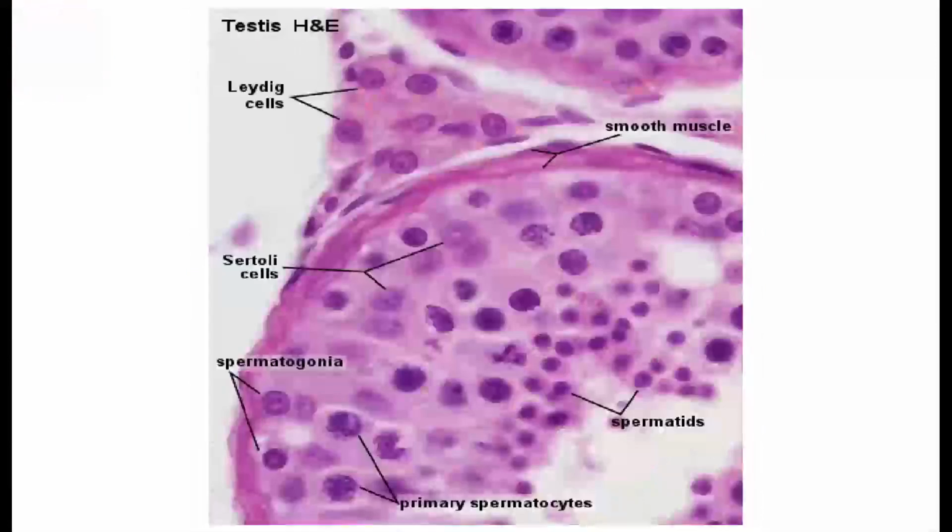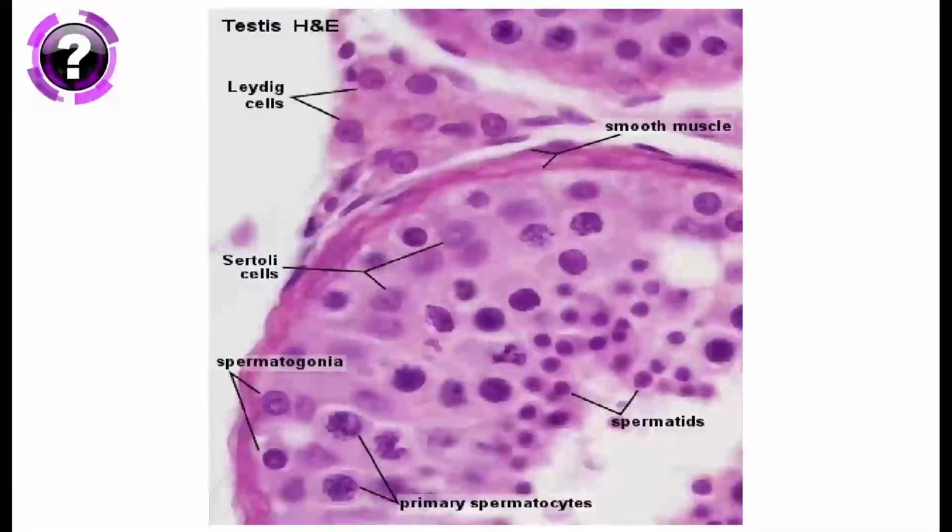Now we will have a closer look at the germinal layer, the cells that are in this layer, which tell the story of the beginning of the spermatogonia up to the formation of spermatids and sperms.